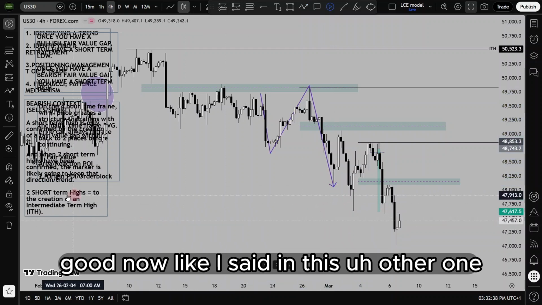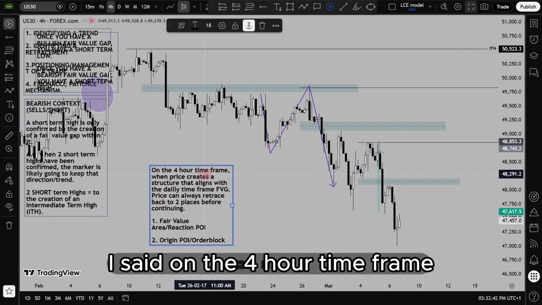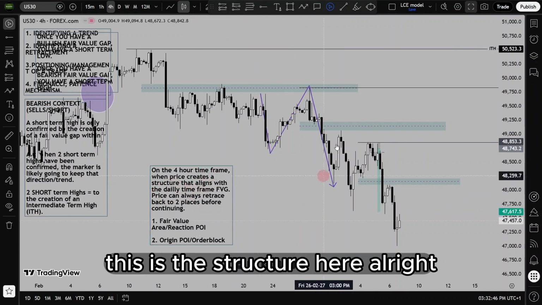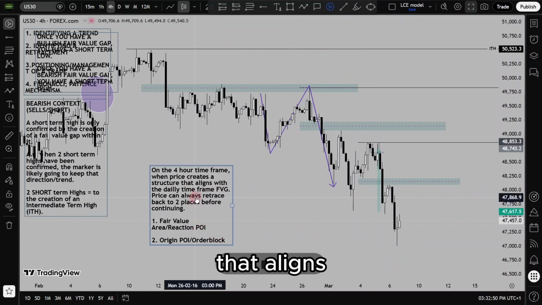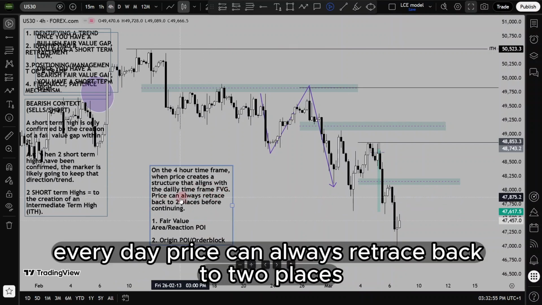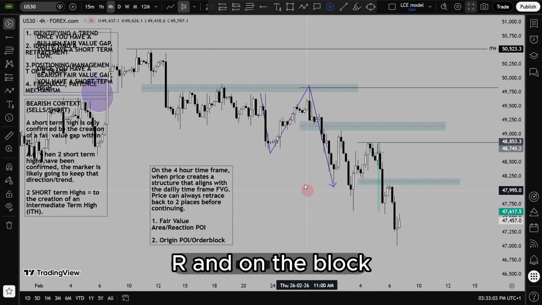Now, like I said, on the 4 hour time frame, when price creates a structure that aligns with the daily time frame FVG, price can always retrace back to two places before continuing: the fair value area or reaction POI, or the origin POI and order block.